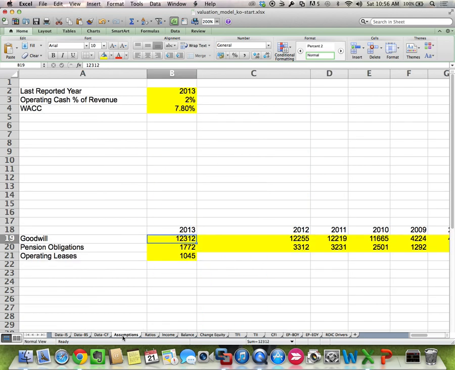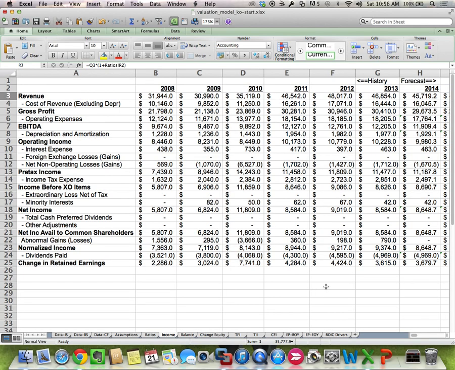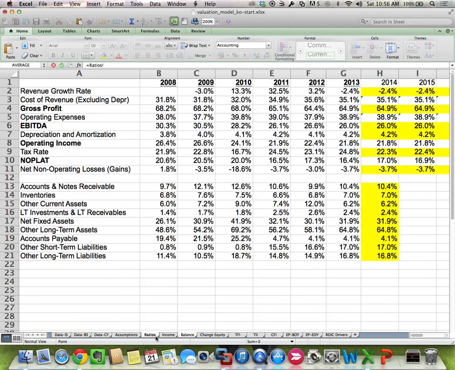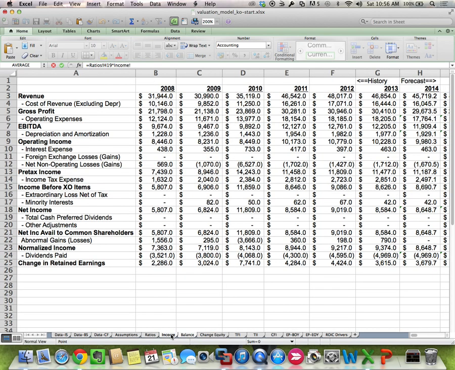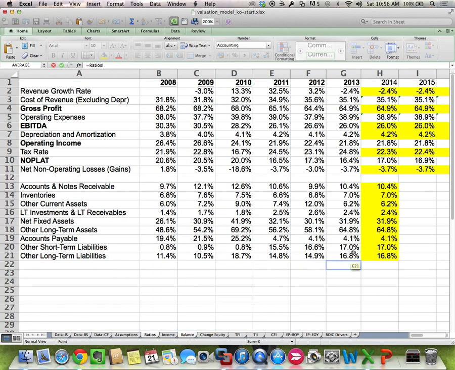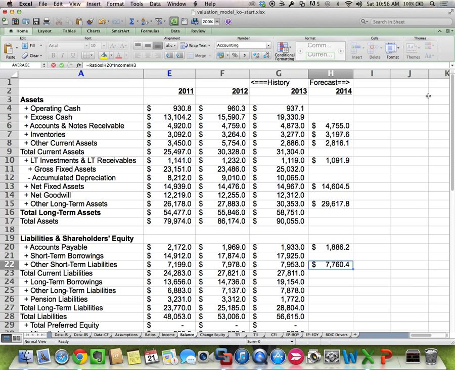Then we have, what's next? Accounts payable. So on the balance sheet, accounts payable as a percentage of revenue times income tab 2014 revenue. Other short-term liabilities, other current liabilities equals ratios, other short-term liabilities times income 2014 revenue.